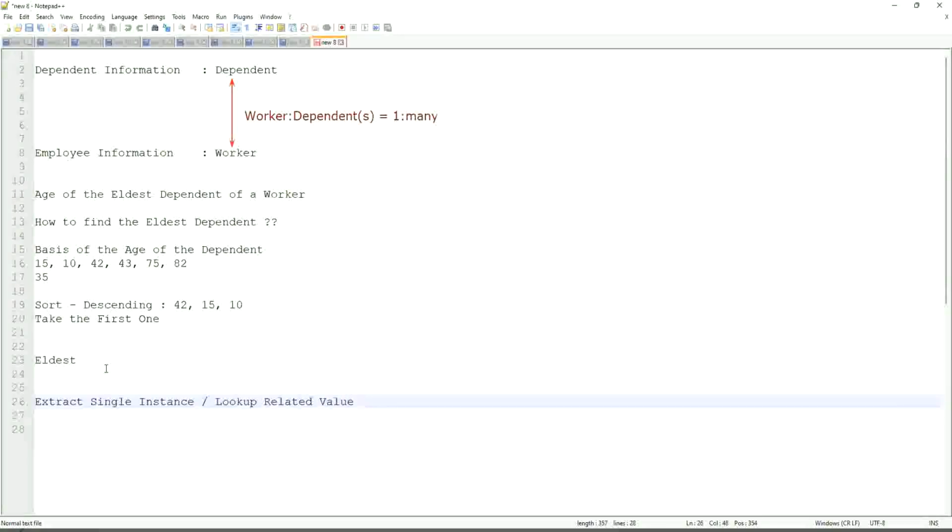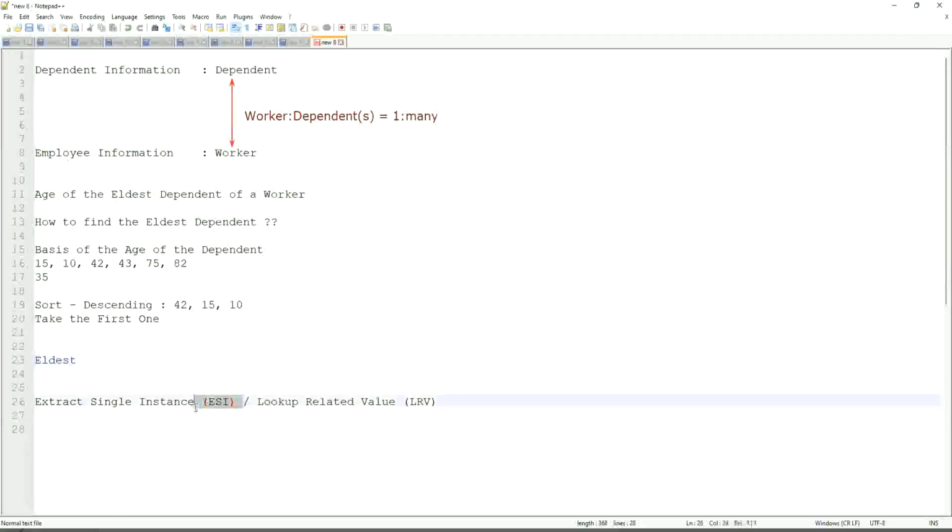This is the most common calculated field function that people will ask you in your interviews. Extract single instance is called ESI, and lookup related value is LRV. They work in combination.